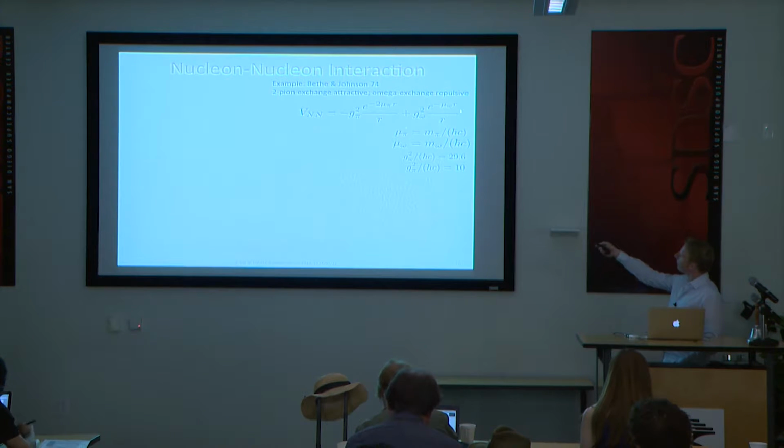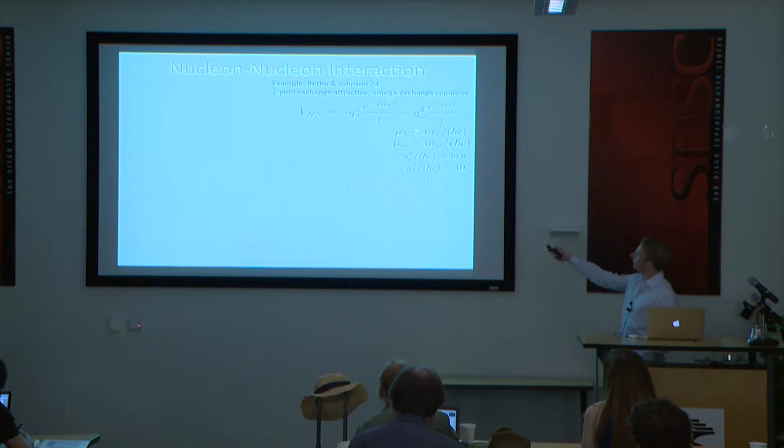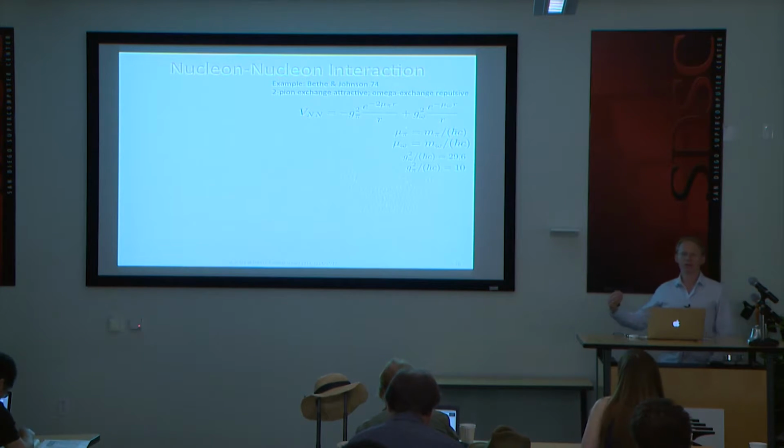So you have a 1 over r potential, and then you have this cutoff factor, and you can see here there's an attractive part, which is the pi part, and a repulsive part, which is the omega part, just because of the sign in front of the term.